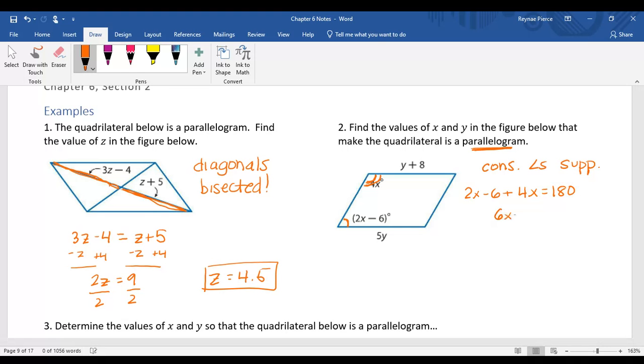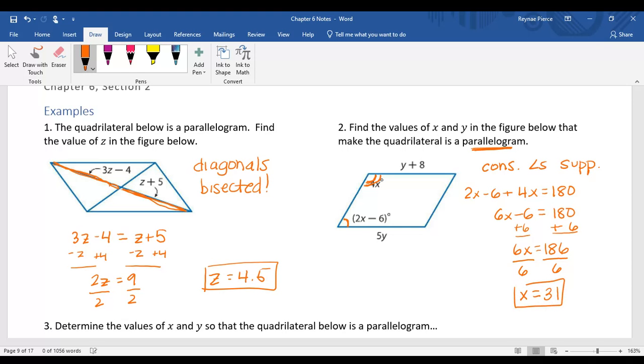Combine like terms, add 6 to both sides, and then divide by 6. Okay, so my x value then is 31.